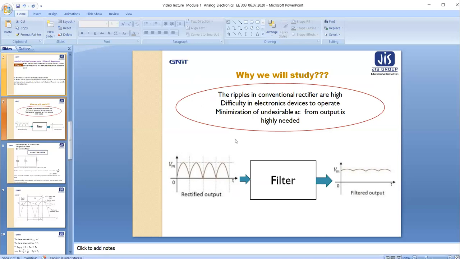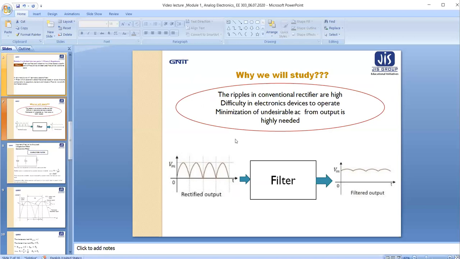They need a DC constant or steady voltage for proper operation. So minimization of undesirable AC from the output is highly needed.